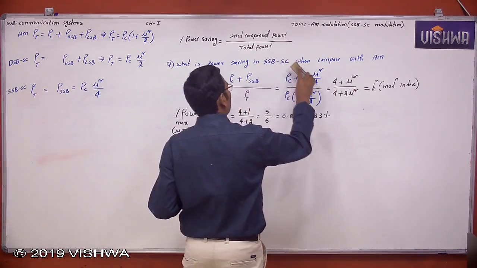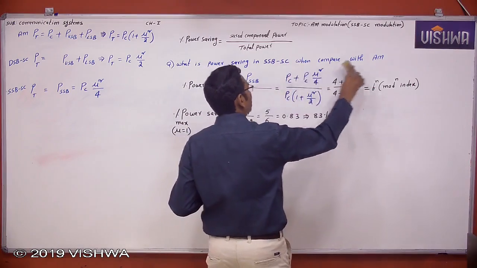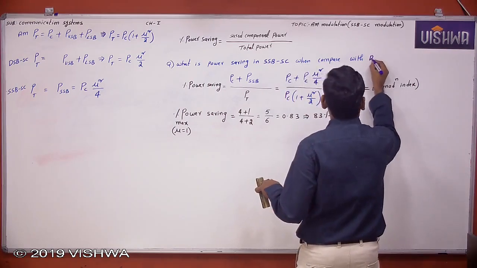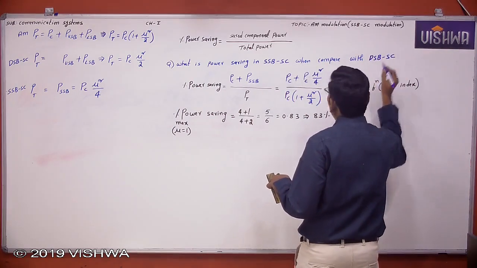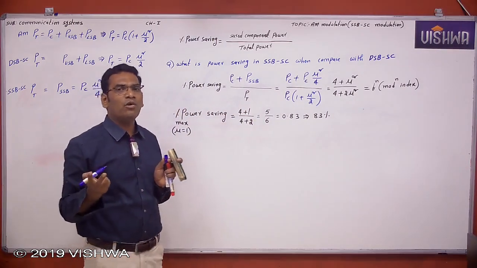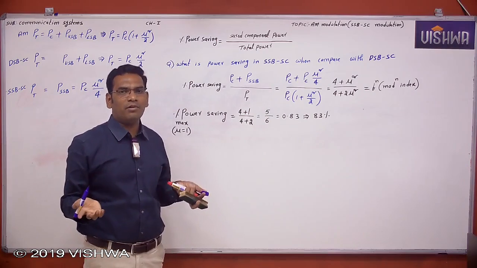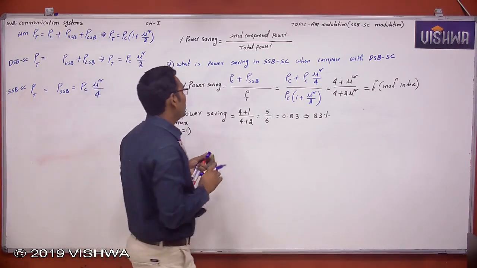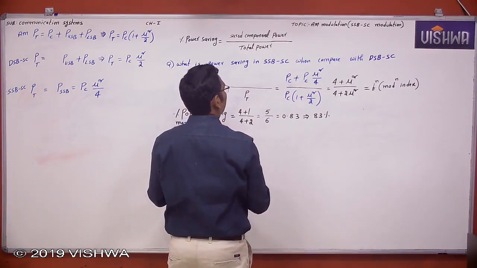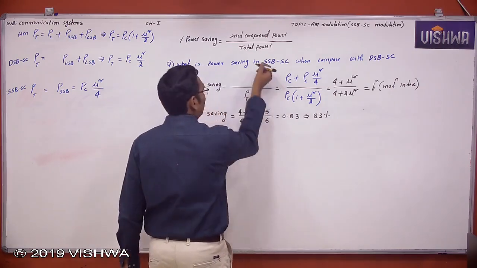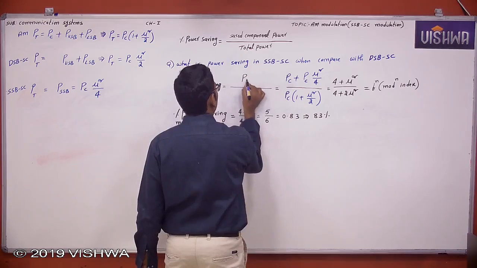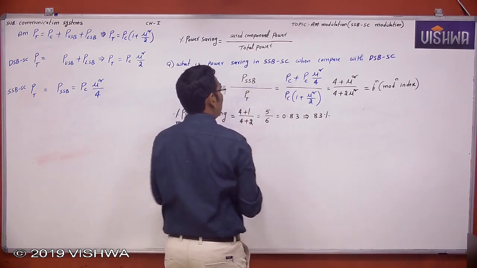What is the power saving in SSB-SC when compared with DSB-SC? Very simple question, right? There is no need to work it out, because DSB-SC has two components and SSB-SC has one component. Therefore, 50%, one component you saved. So the power saving is the saved component, one single sideband, out of the total power.